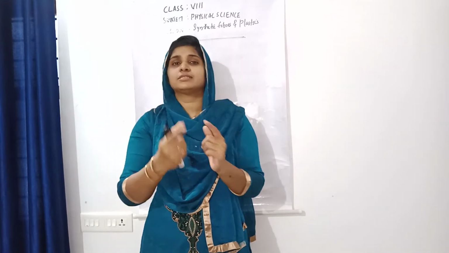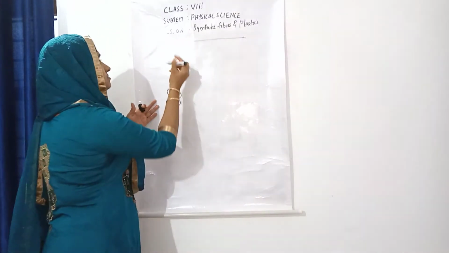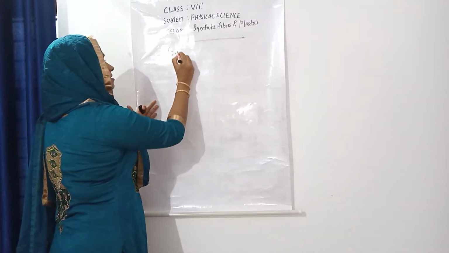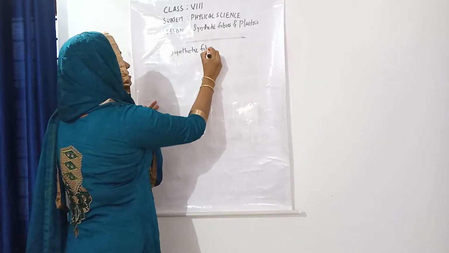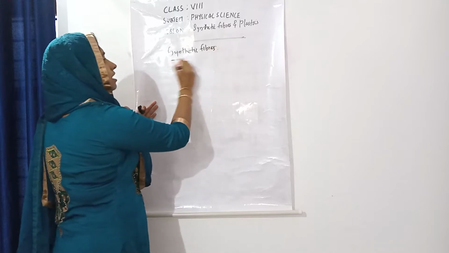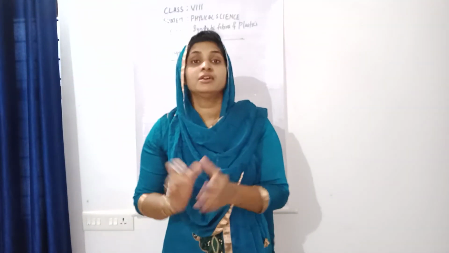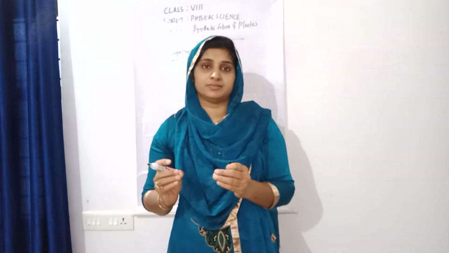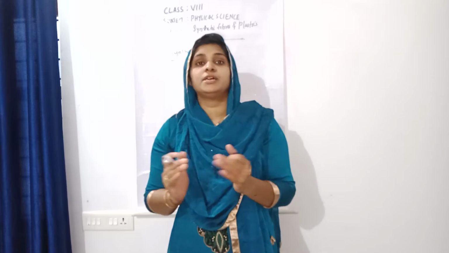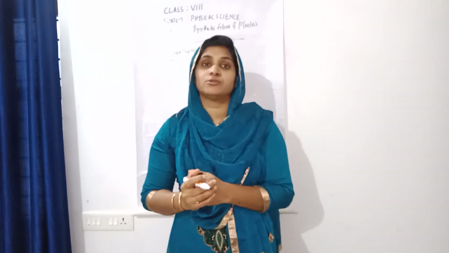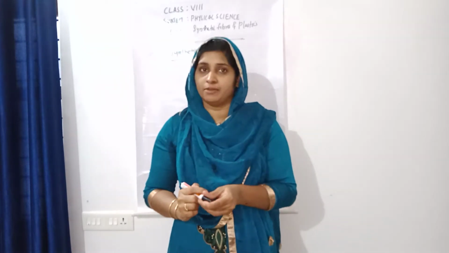And the next type is called synthetic fibers. Synthetic fibers are made by man in a laboratory using chemicals, right? So they are human made, known as synthetic fibers or man-made fibers.